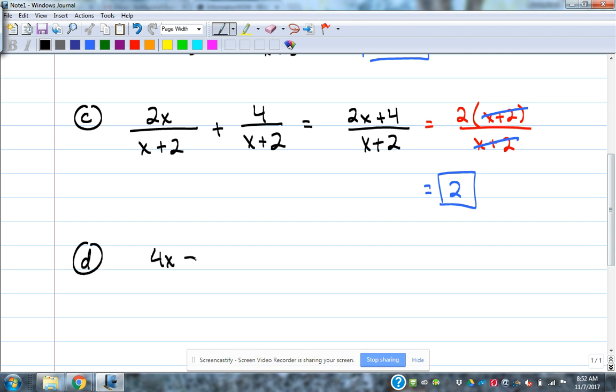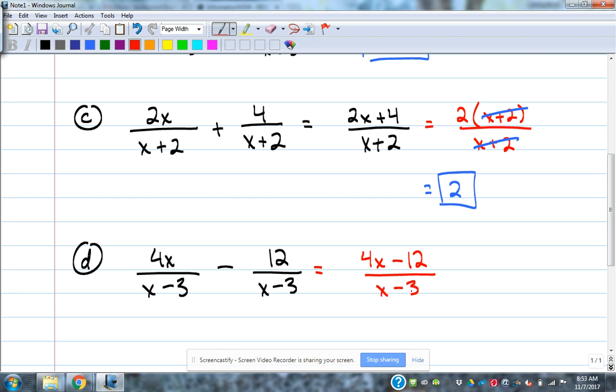Maybe it's 4x over x minus 3 minus 12 over x minus 3. Well, denominator's already the same, so you just do the work at the top. 4x minus 12 over x minus 3 there.